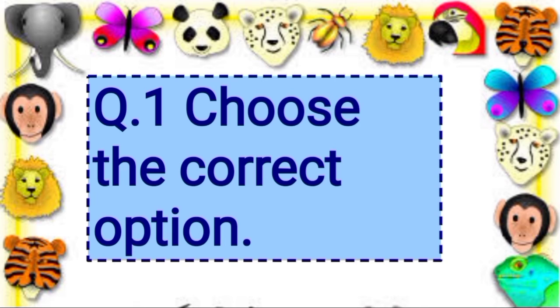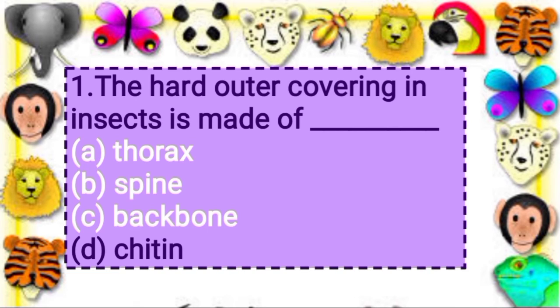Choose the correct option. First, the hard outer covering in insects is made of dash.